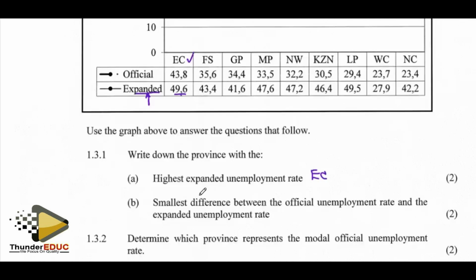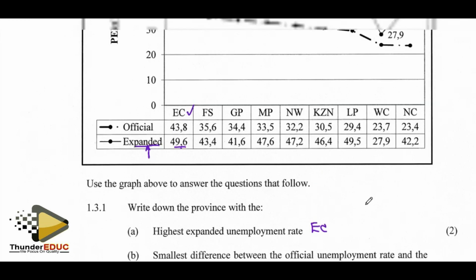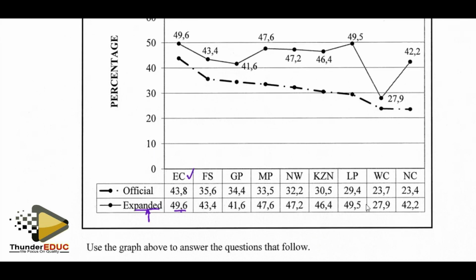Then, which province has the smallest difference between the official unemployment rate and the expanded unemployment rate? Looking at this graph here, you follow. You see, there's a gap here. It expands a bit. It keeps on expanding. This is too much.